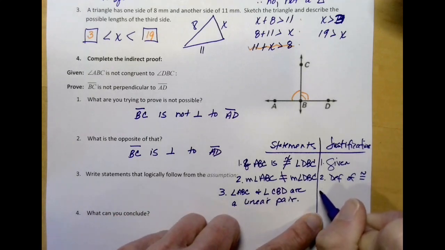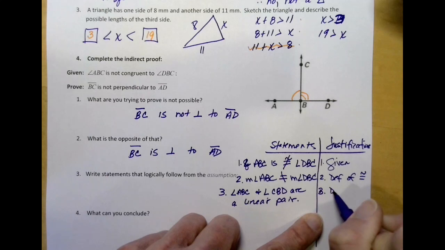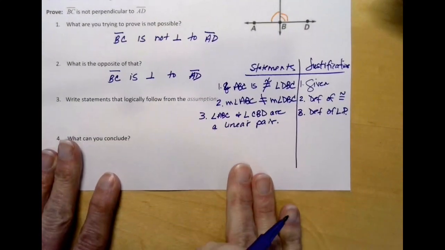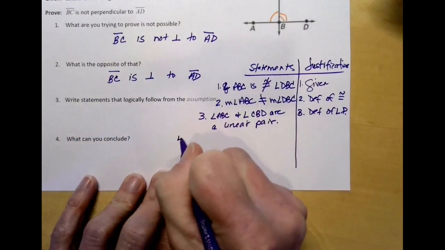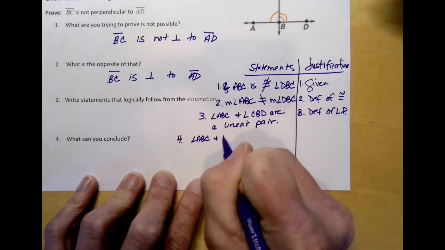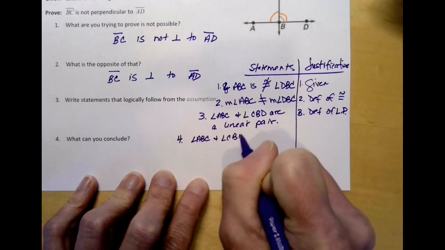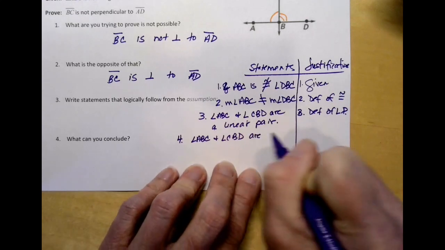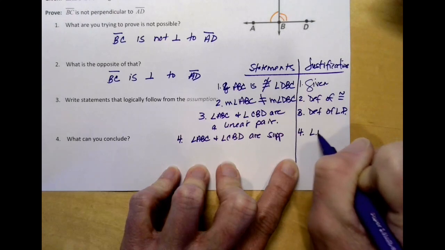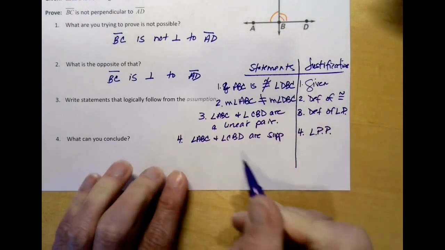So then I have a definition of linear pair. I know that angle ABC and angle CBD are supplementary, and that is my linear pair postulate.